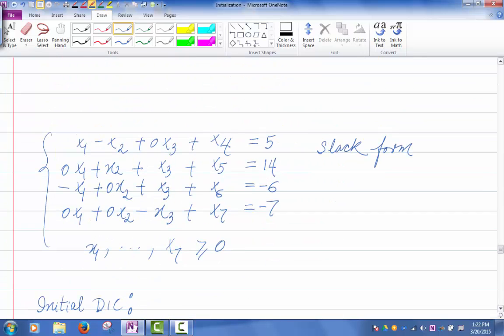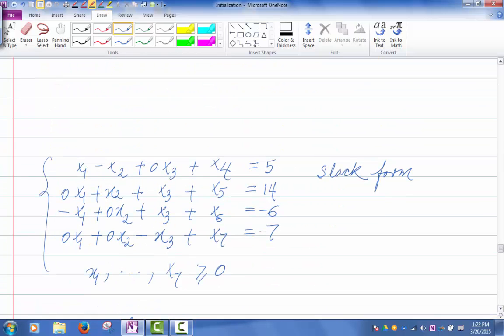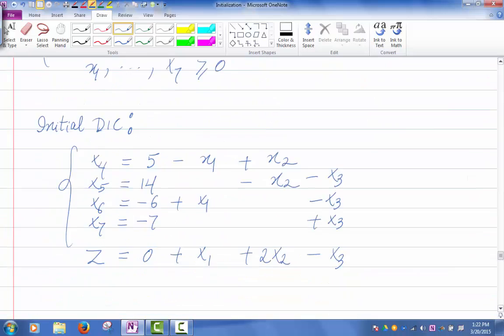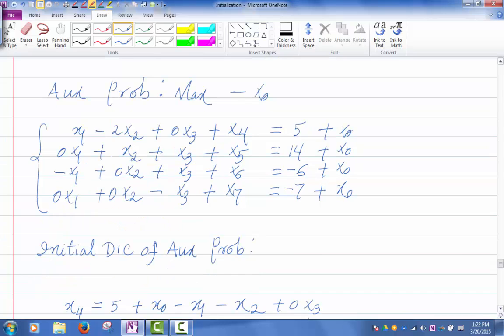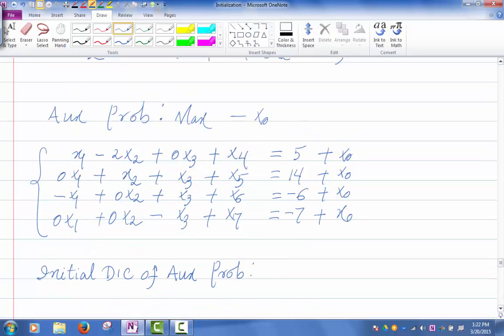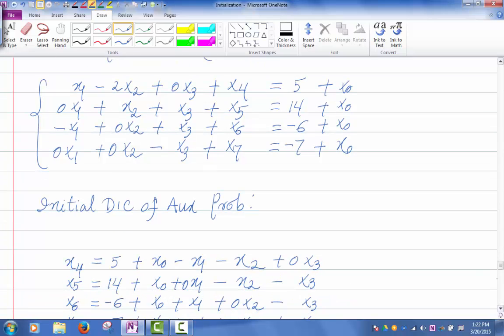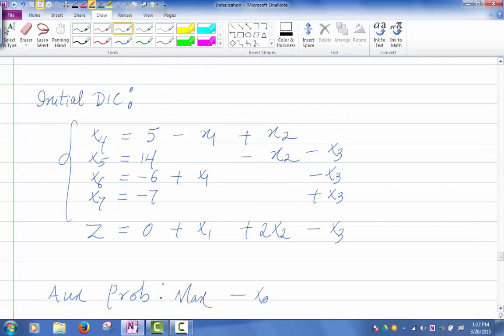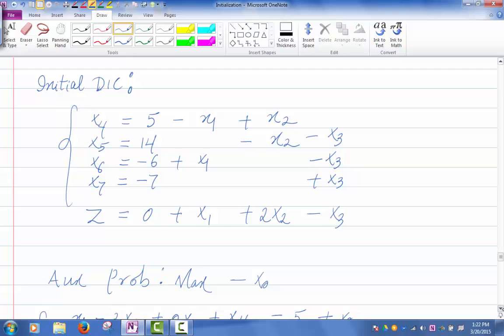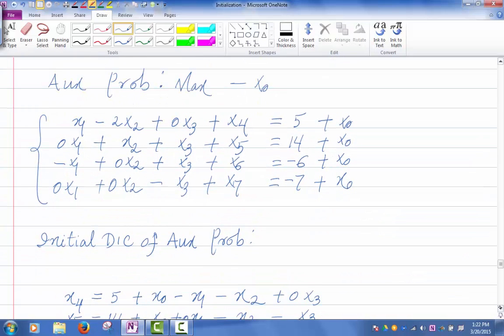I'm looking at the slack form now. You're going to be adding the auxiliary variable on the right or left? On the right hand side. So the auxiliary problem is maximize negative x0, same as the slack form, except that you added the auxiliary variable on the right hand side.